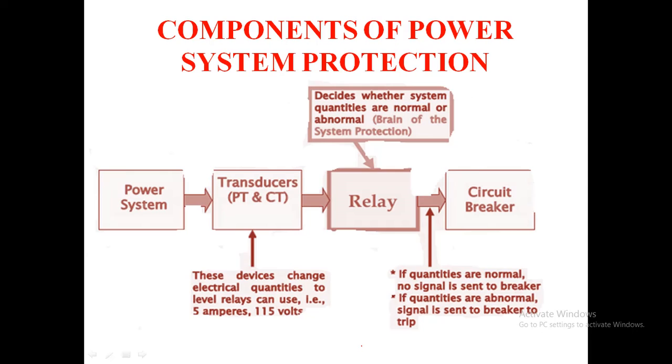The relay checks whether the system quantities are normal or abnormal, and here a potential transformer or current transformer is used to change the electrical quantities based on the level we are using. For the circuit breaker, if the quantities are normal, no signal is sent to the breaker; if the quantities are abnormal, a signal is sent to the circuit breaker to trip the circuit. So these are the components.